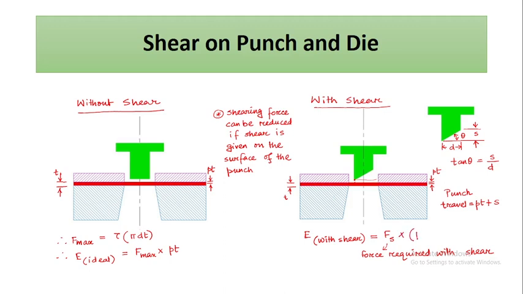The punch travel will be PT plus S. So this is the total amount of energy required.